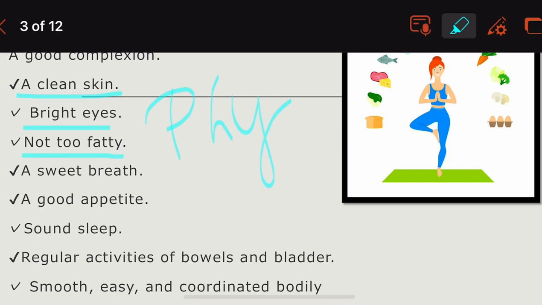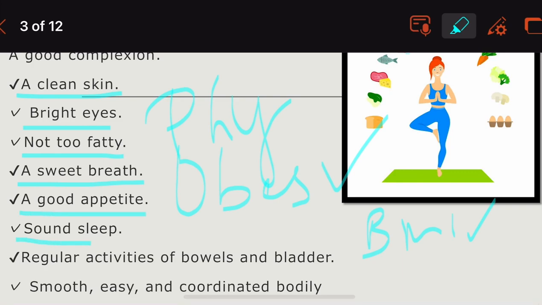He's not too fatty, there is no obesity, his BMI will be perfect, a sweet breath, a good appetite, sound sleep, regular activities of bowel and bladder. He has no problem in passing urine or stools. He is free from constipation and so on.